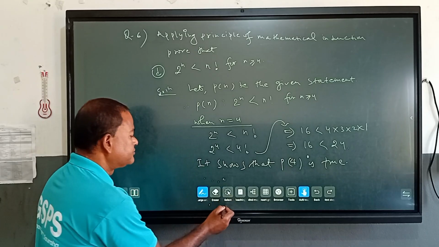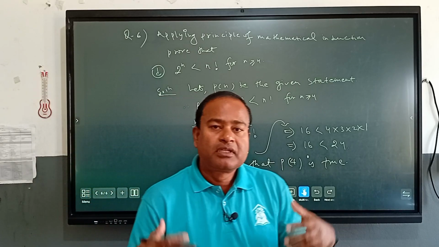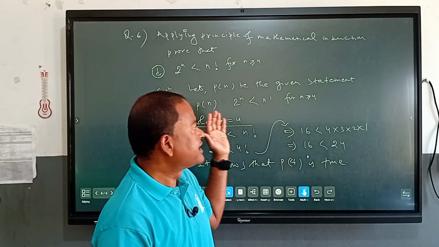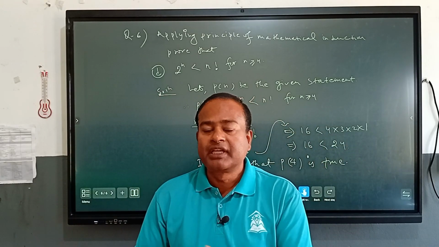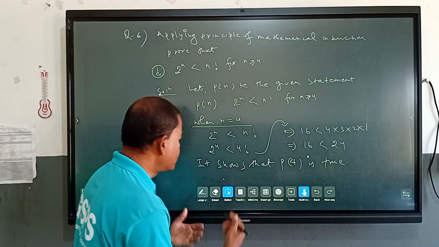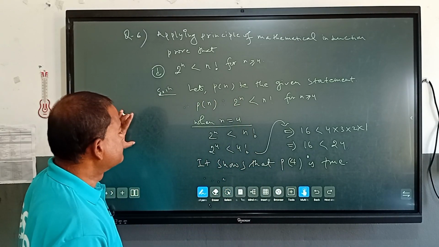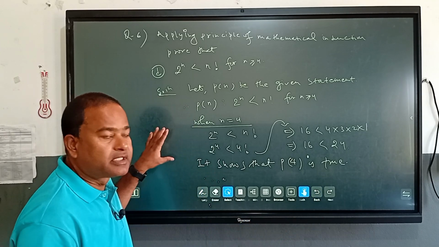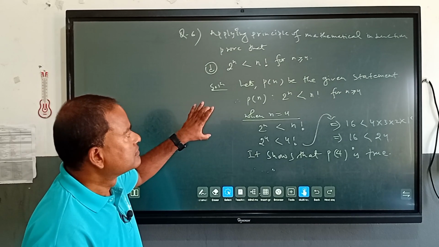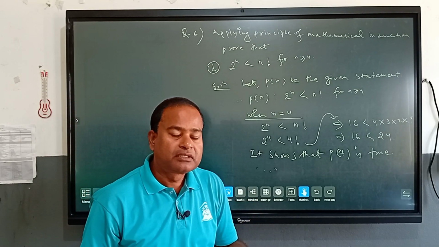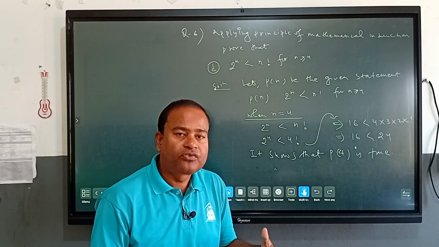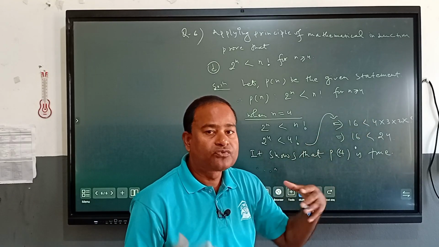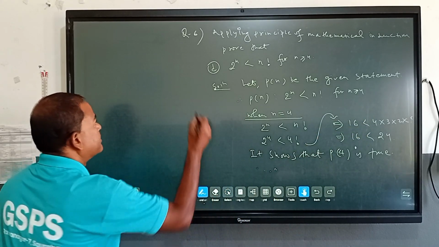Dear students, now the second step of the principle of mathematical induction is that we have to assume that the given statement is true for any natural number n equals k. So let's go to the next step. Let us assume that the given statement is true for any natural number n equals k, which is greater than or equal to 4.